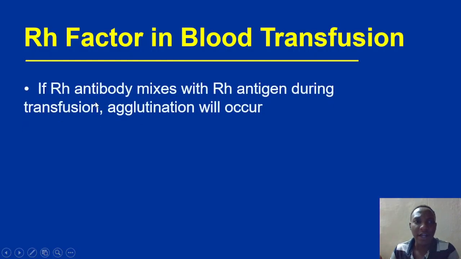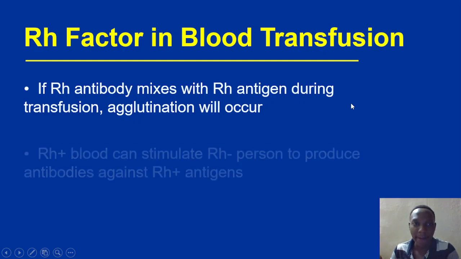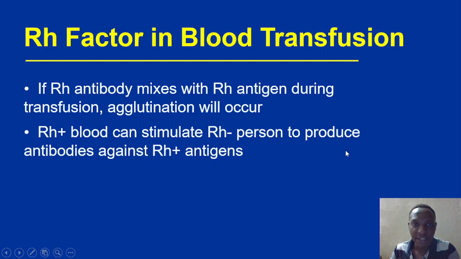If the Rh antibody mixes with the Rh antigen during a transfusion, agglutination will occur. Rh positive blood can stimulate an Rh negative person to produce antibodies against the Rh antigens.